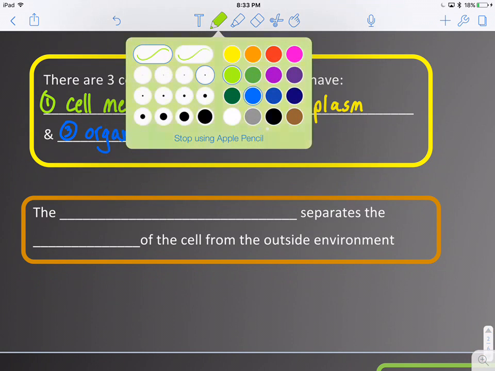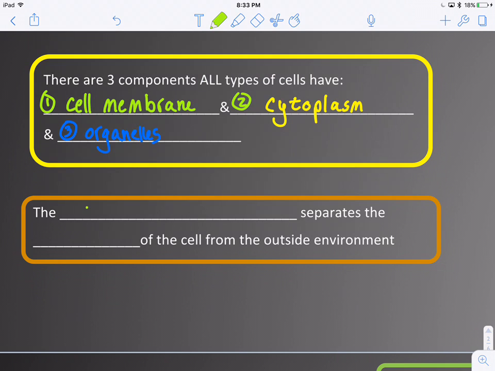And so really quickly going over these, it is the cell membrane that separates the inside of the cell from the outside environment, right?